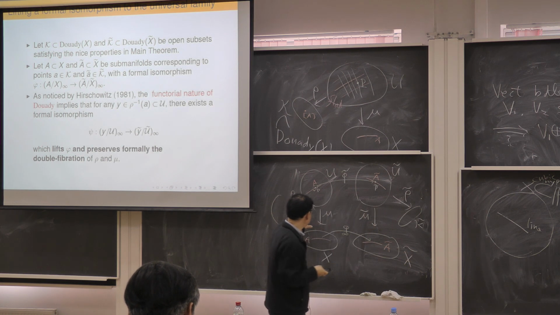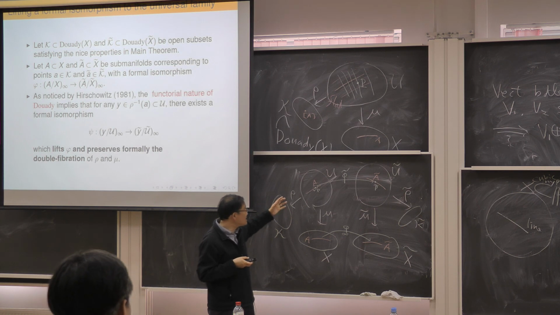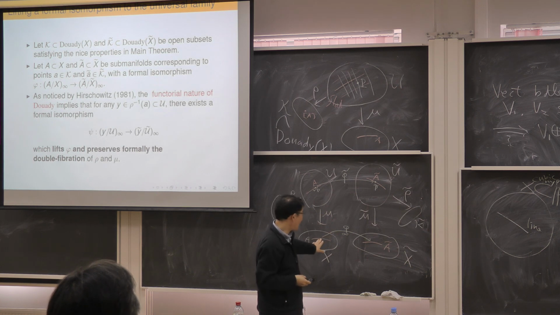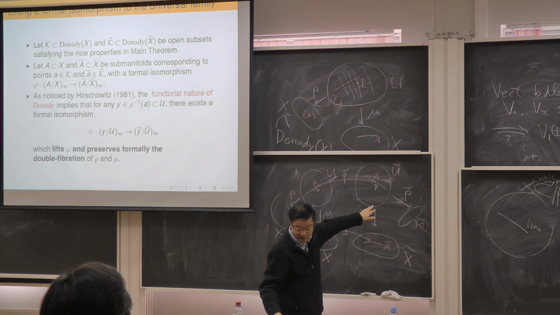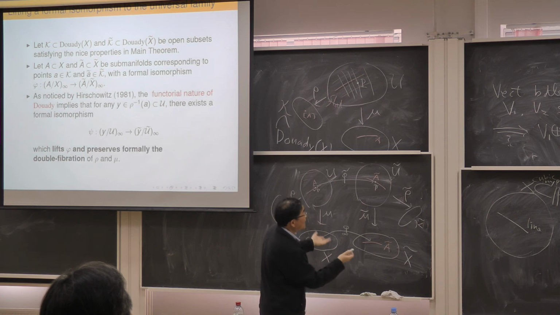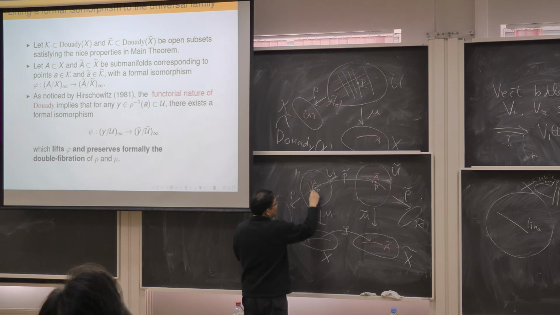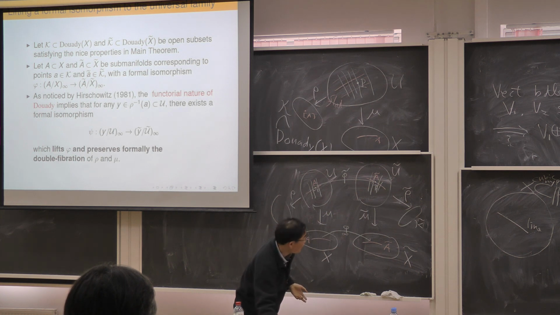So in particular, the formal neighborhood of the duality space is the duality space of the formal neighborhood. So they commute. Any given formal isomorphism can be lifted to a formal isomorphism of the duality space at the universal cover in such a way that it formally preserves the double fibration.